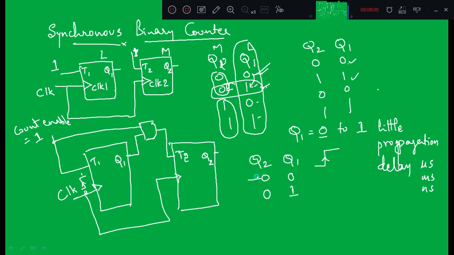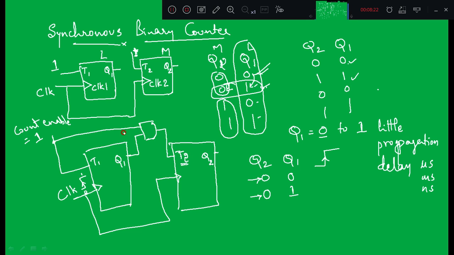What is the previous state of Q2? It is 0, and it should remain in that state when its input is 0. If its input becomes 1, then the second flip-flop also toggles, but this should not happen. So I should make T2 equal to 0. How can I do that?